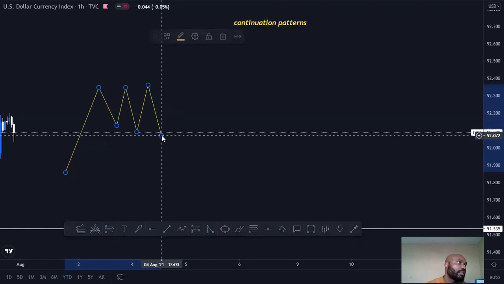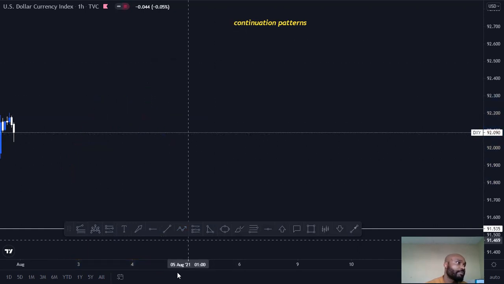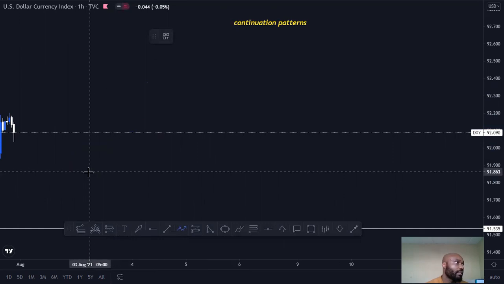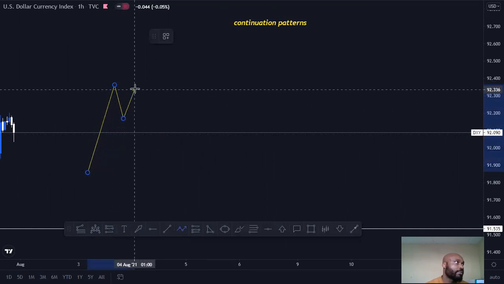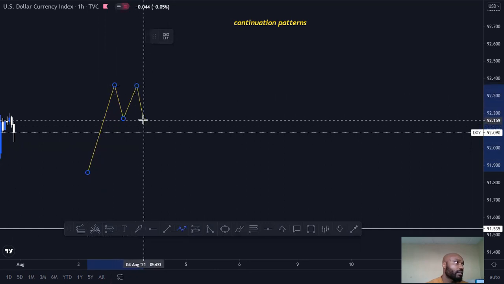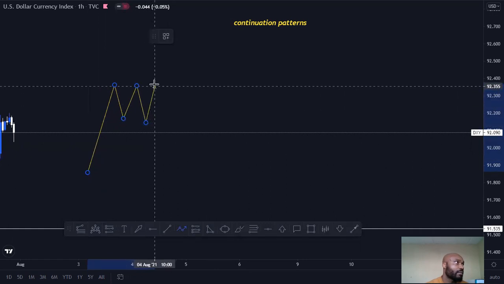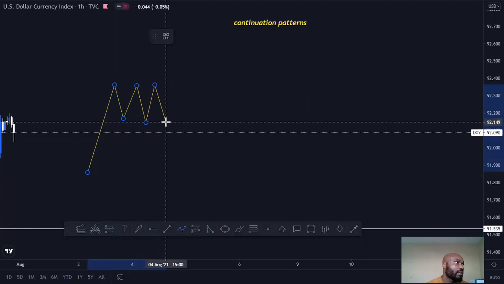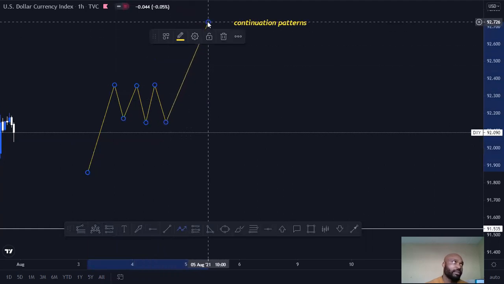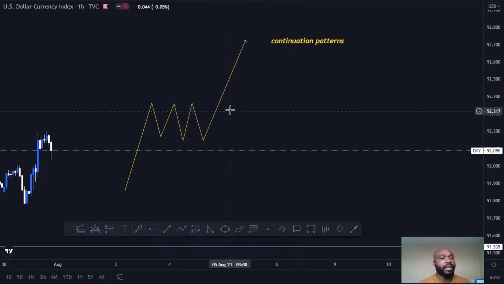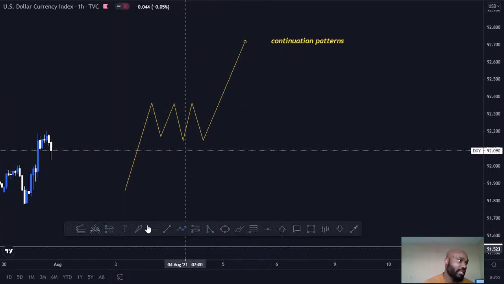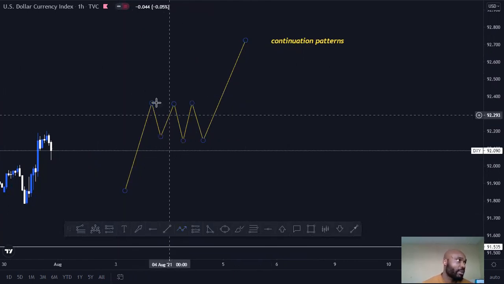I didn't like how that looked. So it's impulse, then correction, then we have a continuation. Whenever we are trading and looking for setups, these are the very first things we'll be looking for, the continuation patterns.